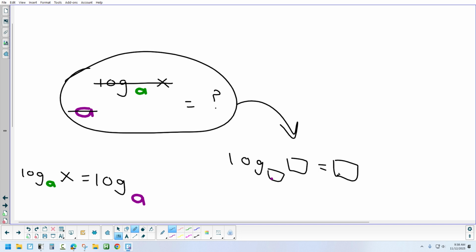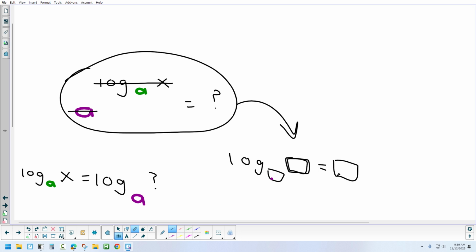The only box I haven't filled in yet is this one right here. And what's going to go in that box? Would it just be the question mark? The question mark, yeah.